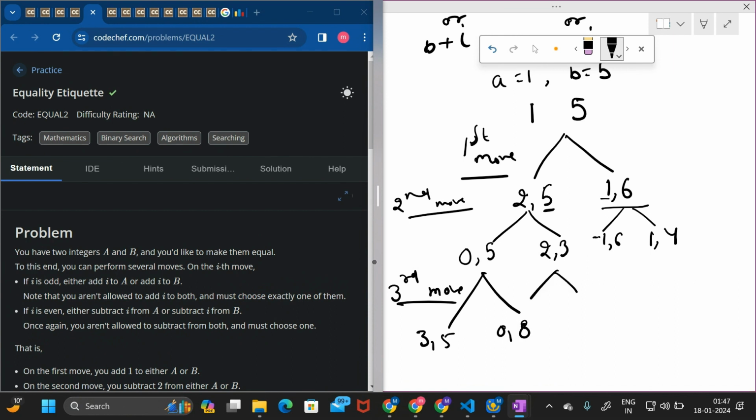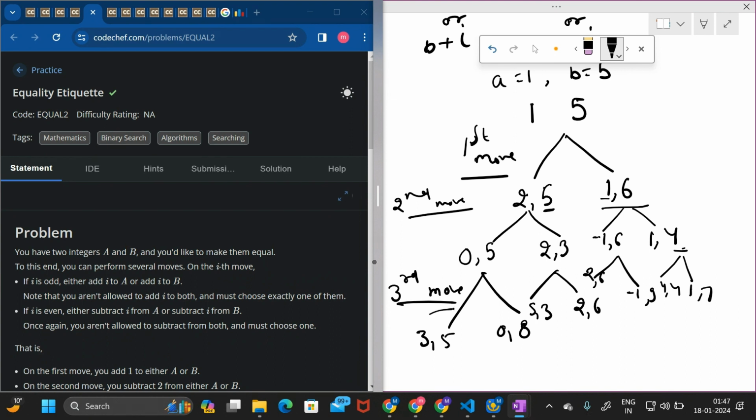Here we can add 3 to 2, giving 5 comma 3, and we can add 3 to 3, giving 2 comma 6. Now in this we can add 3 to minus 1, giving 2 comma 6, and minus 1 comma 9, and we can add 3 to 1, giving 4 comma 4, or add 3 to 4, giving 1 comma 7.